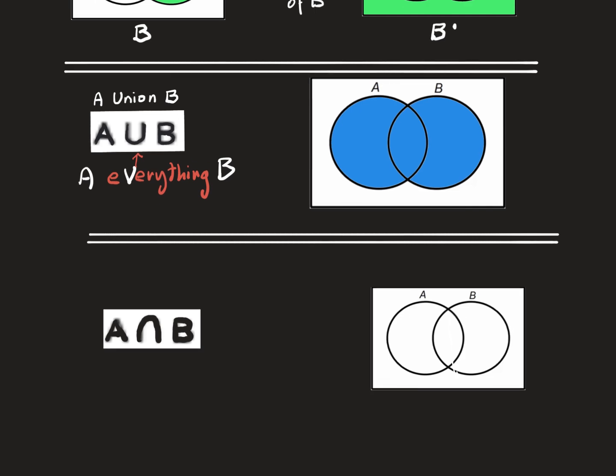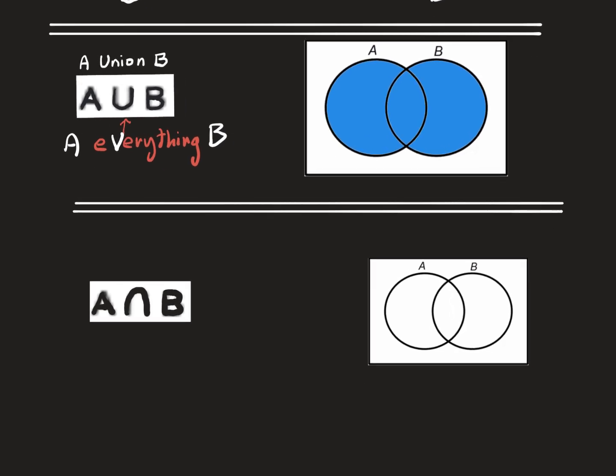And now we've got another operation here which we call A intersection B. So how can I distinguish that one from the one above? I see it as A, and then I think of the N here as N above, and the rest of it is just intersection.